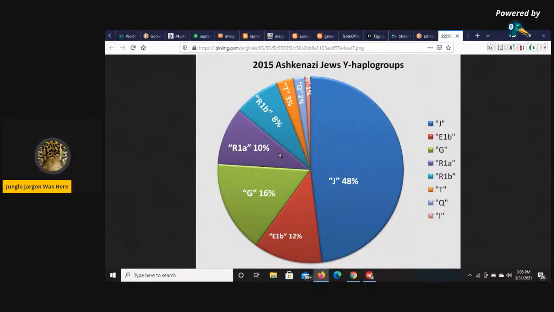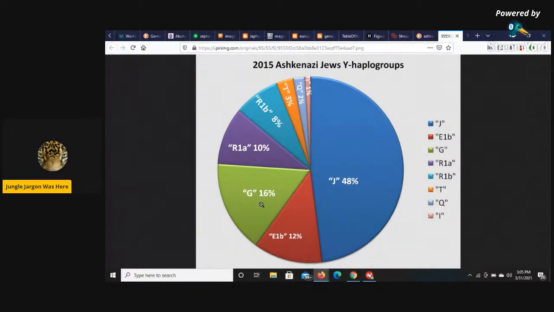And the only other one in the area is the R1B and the R1A. So the R1 is the people of the area. The J, of course, is Judaic, Arabic, and Canaanite, and Assyrian.